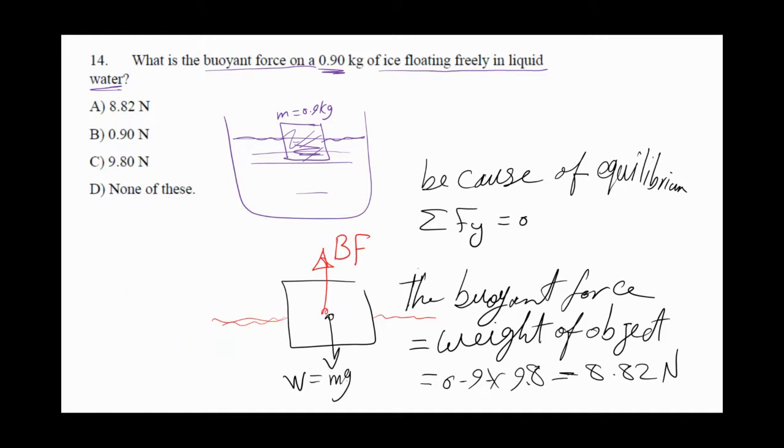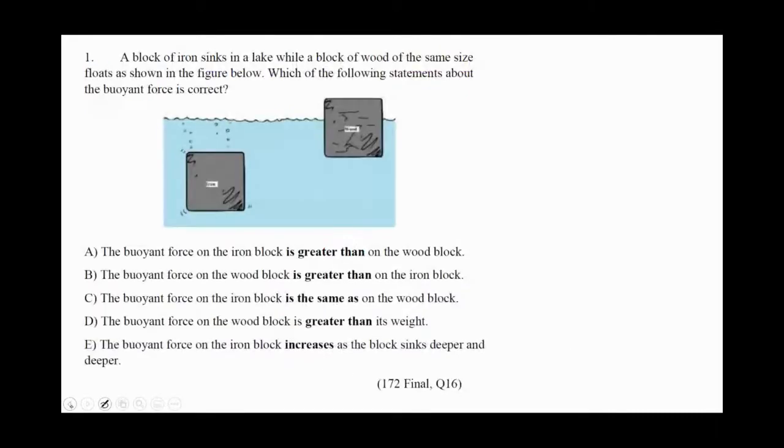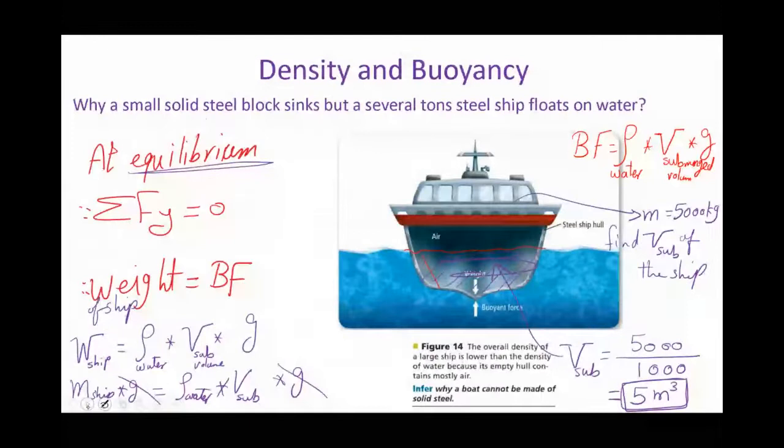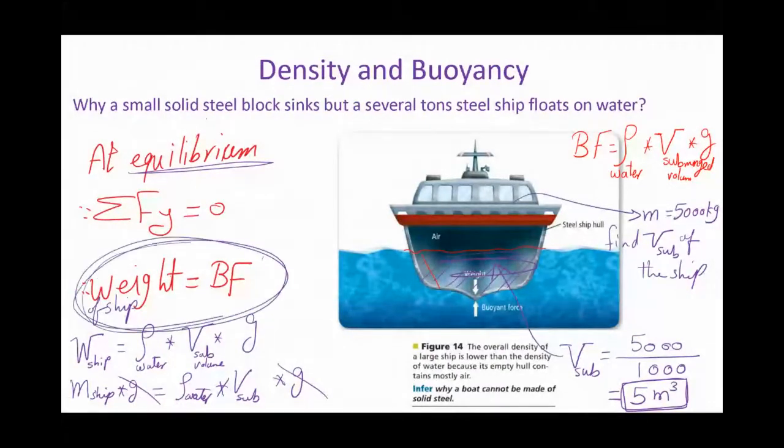Okay, let's go to our problem. We need to know the buoyant force here. What do you think? I know that in case an object floats, the buoyant force equals what?